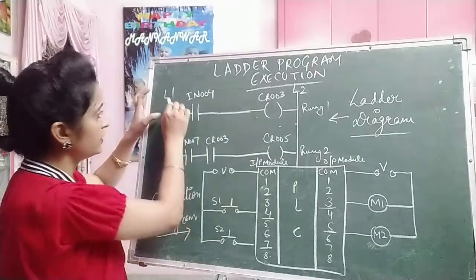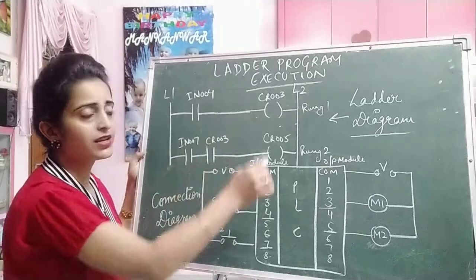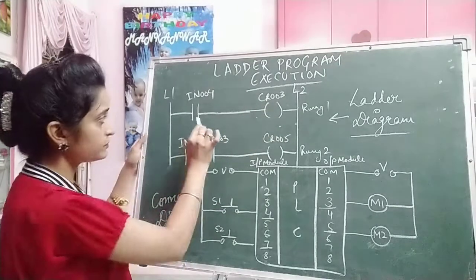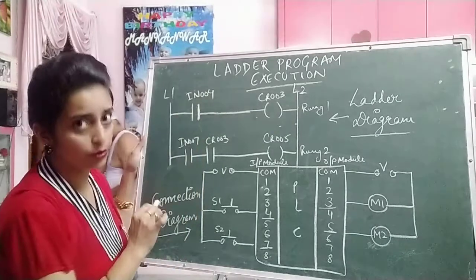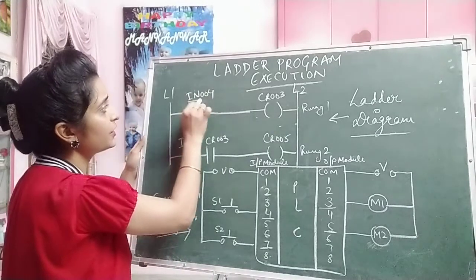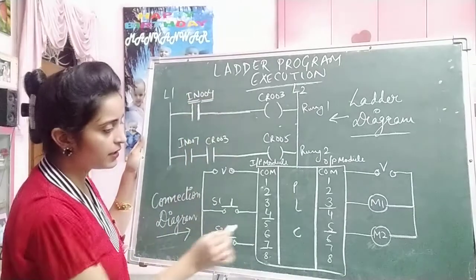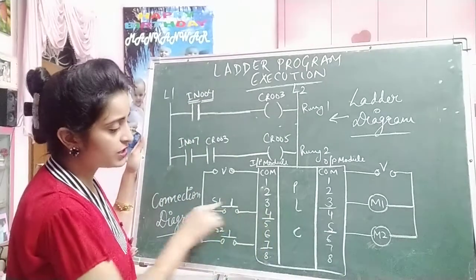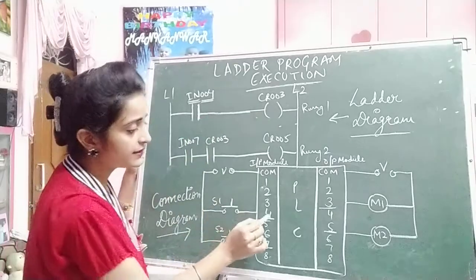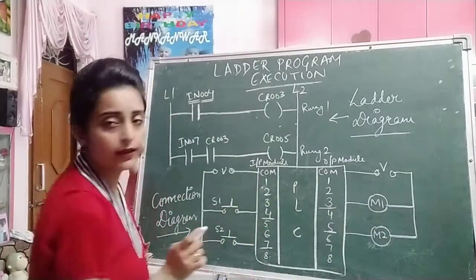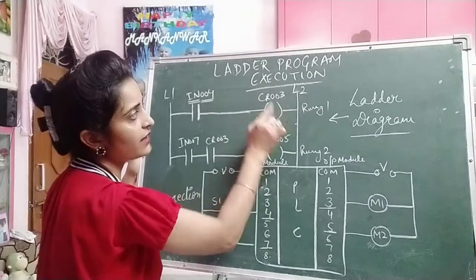Here we have 2 rungs, rung 1 and rung 2. Here this is input 004. Why input 004? At the input side, the terminal number is 4, at which the first switch is connected, and its output is connected with, say, M1, so that is CR003.